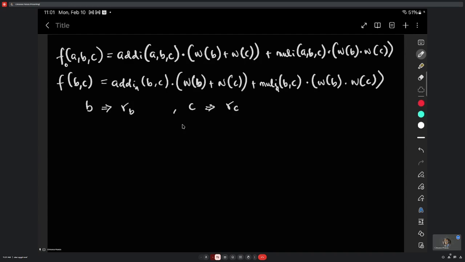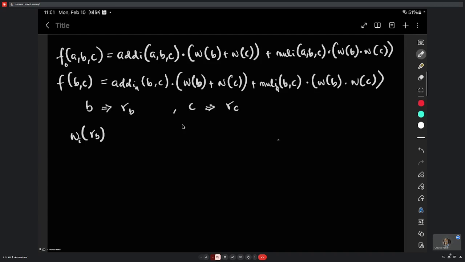So normally we would have done two different sum check protocols, trying to prove that WI of RB can actually be gotten from WI plus 1.